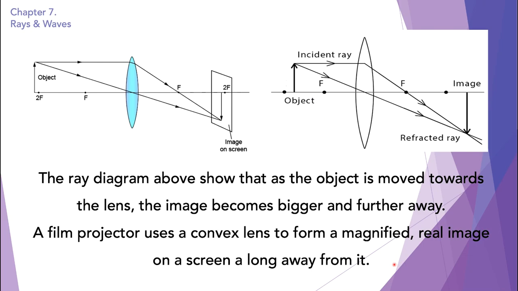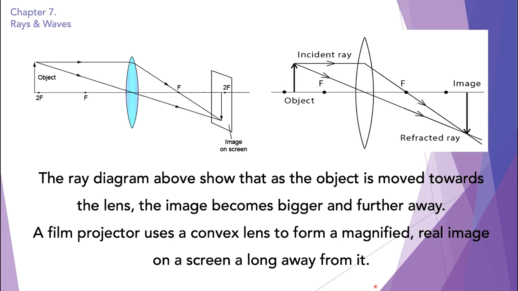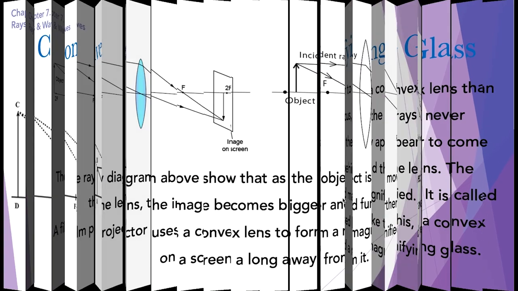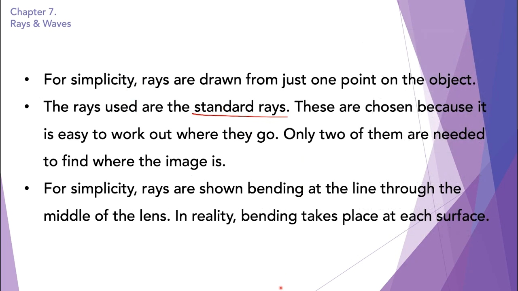But in a magnifying glass, the object is closer to the lens than the principal focus, the focal point of the lens, and in that case, the image produced is magnified, upright, and a virtual image. So we have understood convex lenses forming virtual images and real images, and how ray diagrams are formed using standard rays.